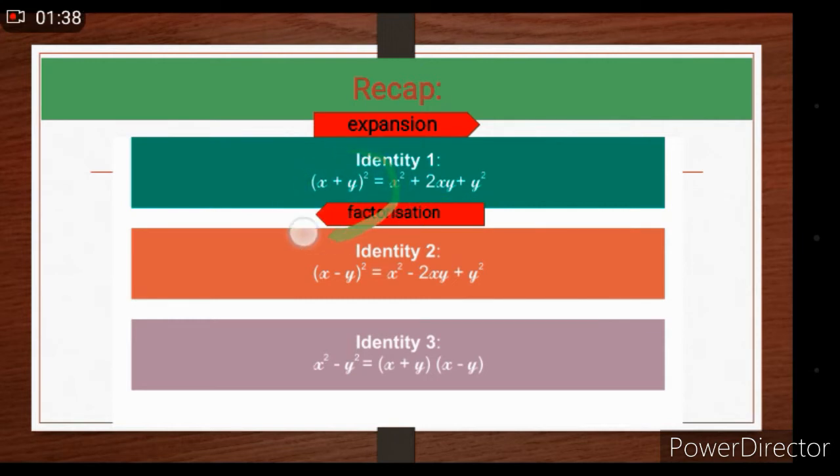So it is very important to recall these three identities, and you also know that if we expand such an expression we will get this, and we also know that factorization is the inverse of expansion. In today's topic you will have this type of expression, you will factorize it and get this expression. It means expansion is the inverse of factorization.